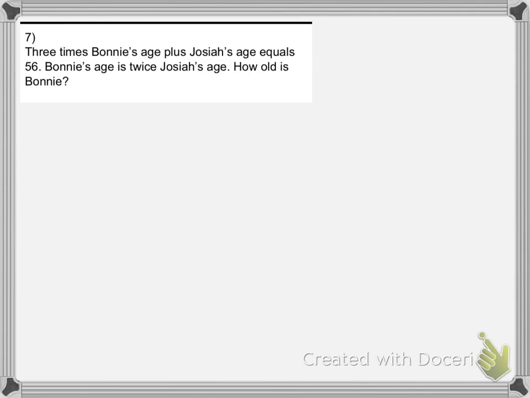All right, number 7. So we have 3 times Bonnie's age plus Josiah's age equals 56. Bonnie's age is twice Josiah's age. How old is Bonnie? So what do we know?